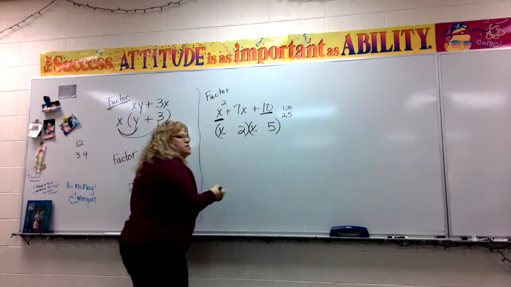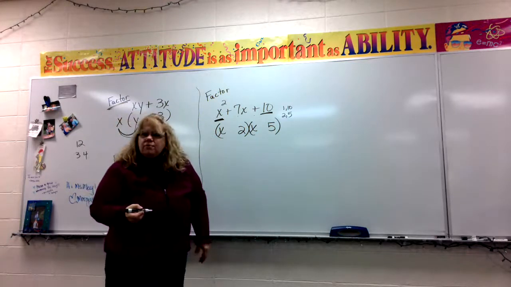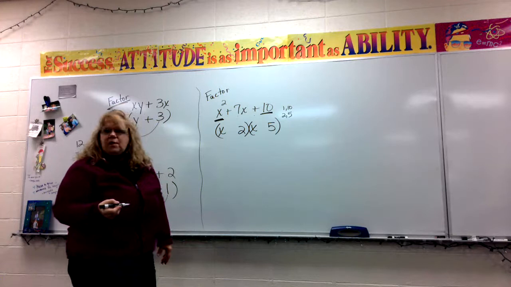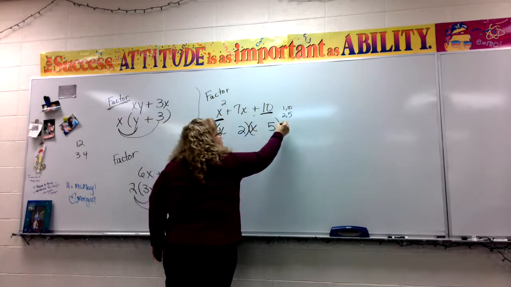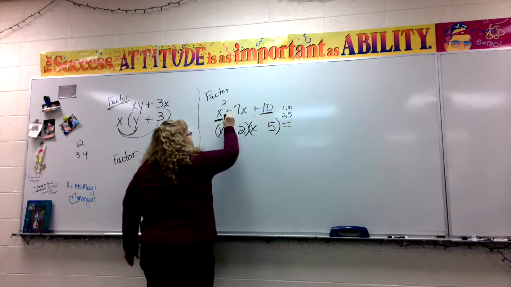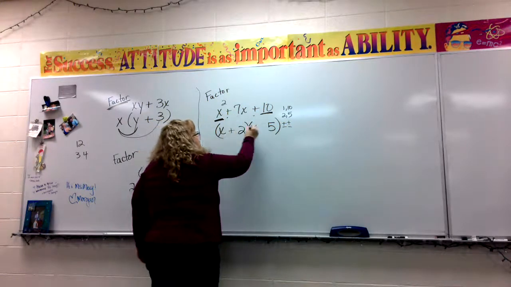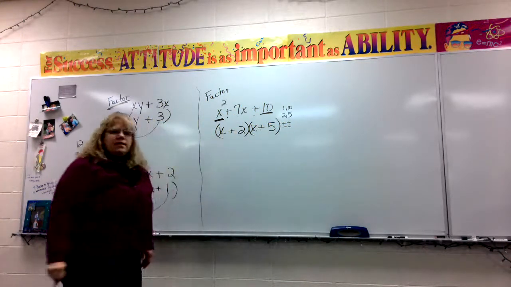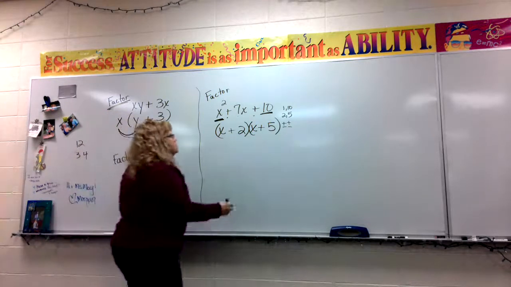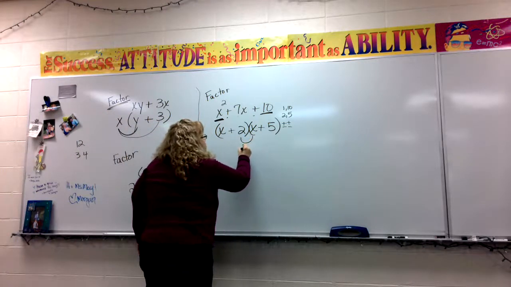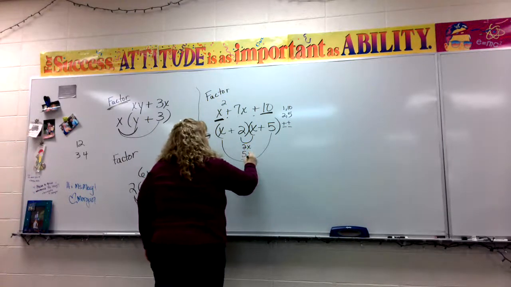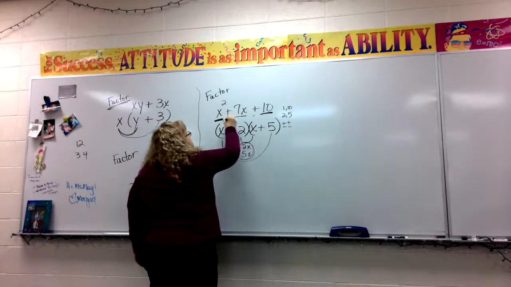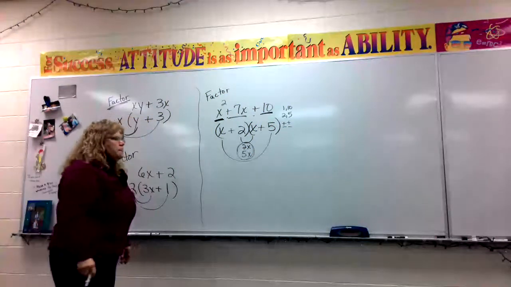And what about the signs? By now you probably should be able to tell me the signs without me prompting you. Plus, plus, or minus, minus. Plus, plus. Right? And then you do the inside, outside, double check. 2x, 5x. Add them together, and that should give you this thing in the middle.